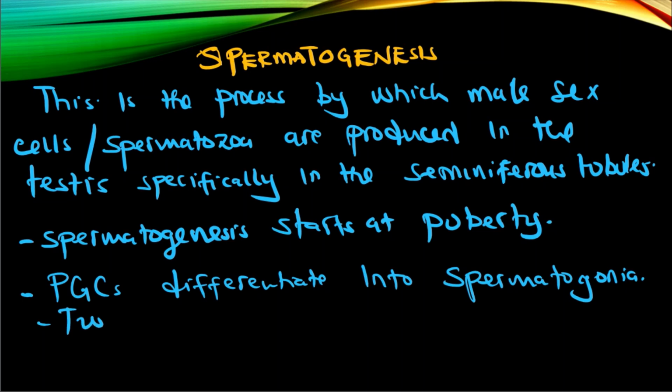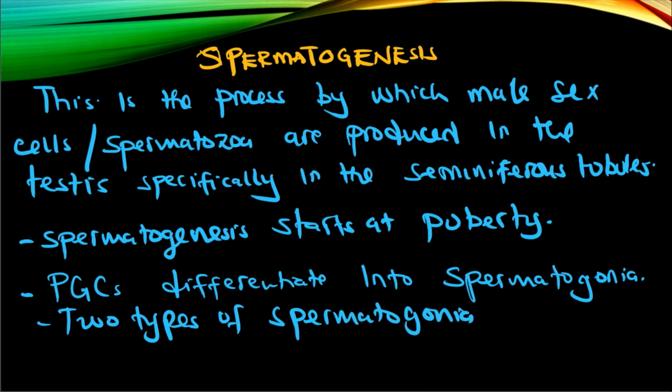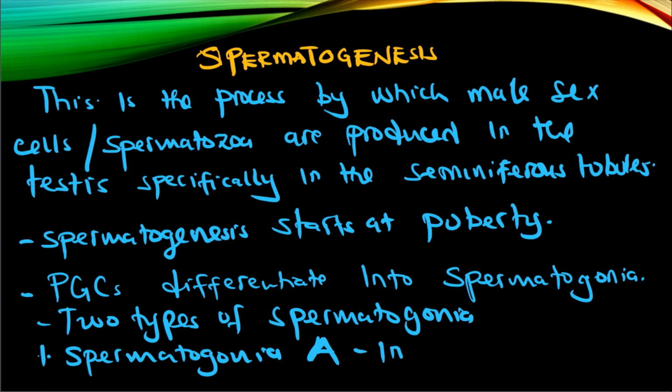Now spermatogonia come in two types. Number one is spermatogonia type A. When spermatogonia type A is produced, this indicates the start of spermatogenesis.